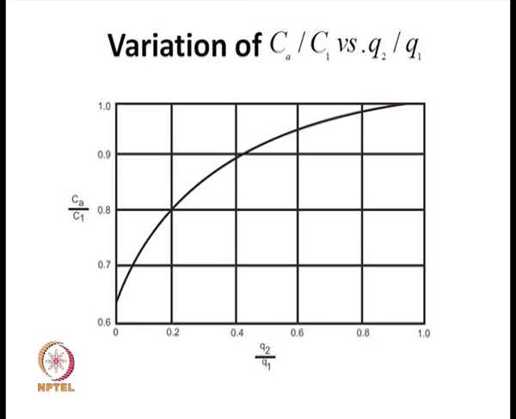But if the top layer is stronger sand, then this Ca part, the cohesion part, is 0, because we are talking about purely cohesive soil or cohesionless soil. So, if it is stronger sand, then phi 1 is present, but C1 is 0.